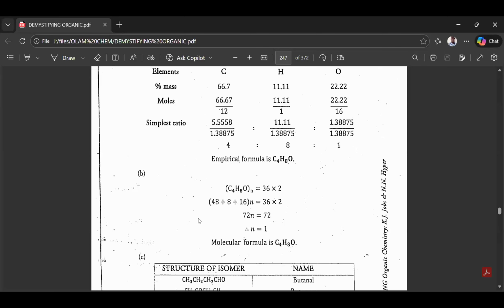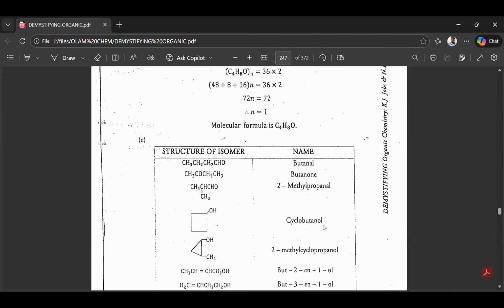You can still create another isomer, which is cyclobutanol, because remember these were 4 carbon atoms, 8 hydrogen atoms and 1 oxygen atom. You can create an alcohol. So this is a functional isomer. Therefore, carbonyl compounds are functionally isomeric to alcohols.